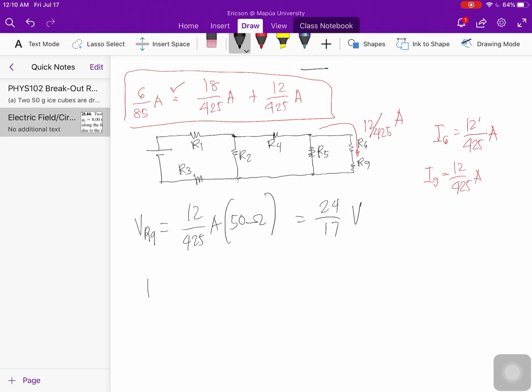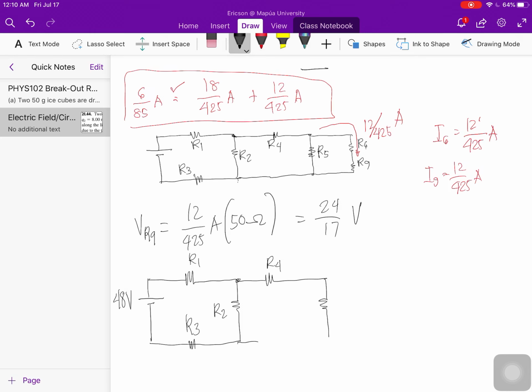Okay. So, last part na ng circuit. 48 volts. R1. This is R3. This is R2. R4. R5.